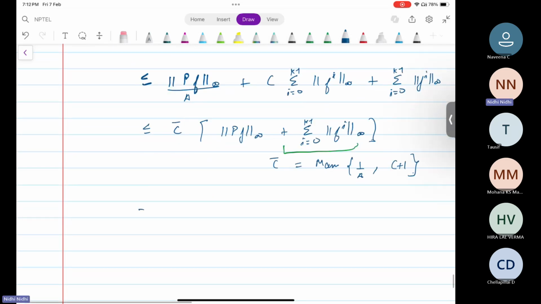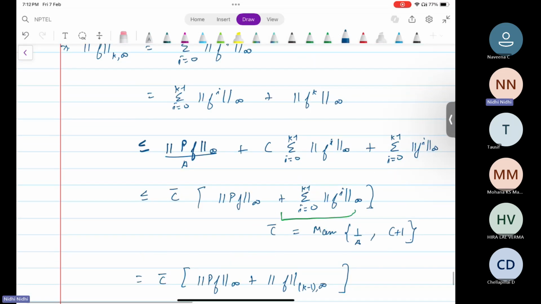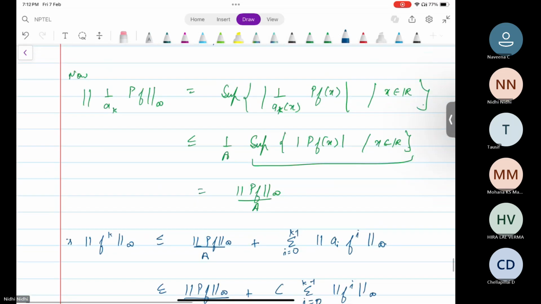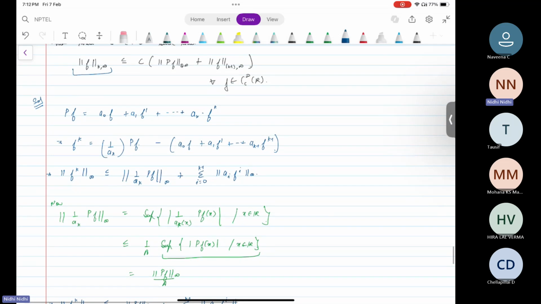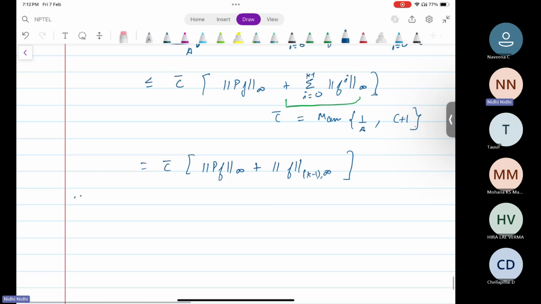This is equal to C bar times the infinity norm of Pf plus the k minus 1 infinity norm of f. This is what we wanted. This is what we had to prove. Now, since f belonging to C_c infinity is arbitrary, we are done.